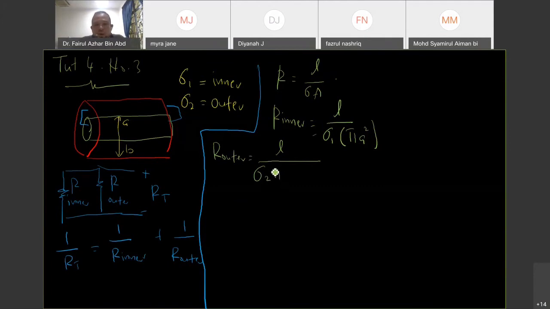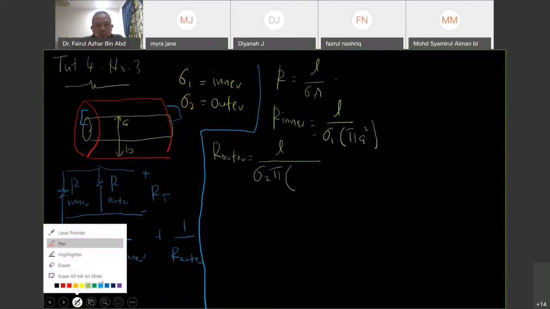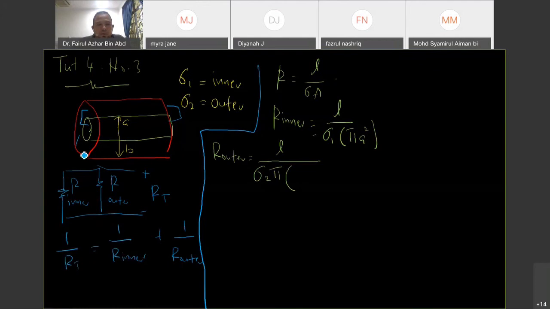This time the cross-sectional area of the outer conductor is the total area pi b squared, minus the area of the inner conductor, so minus pi a squared.